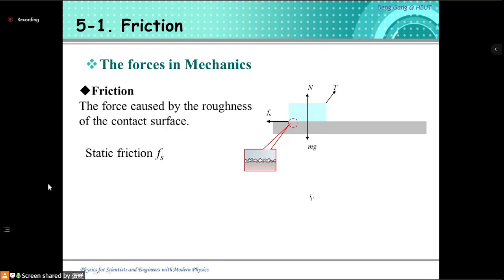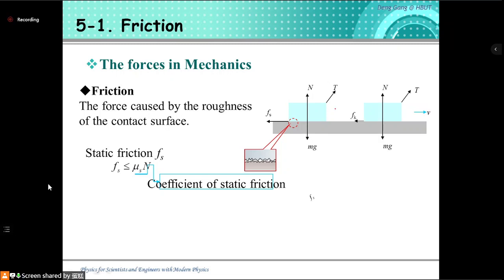That's the friction between the surfaces when there is no relative motion. But when you increase this force, or the force along the x direction, it will start to move. When it starts moving, the force becomes kinetic friction.